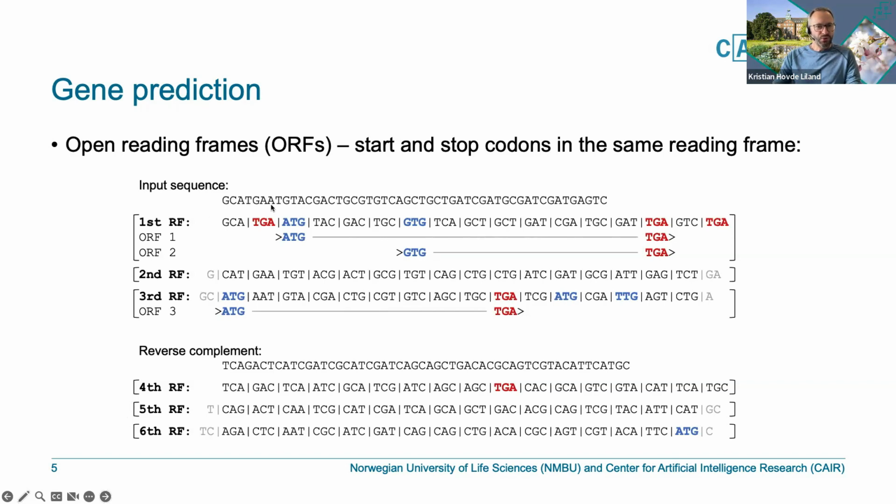Now I put in one specific sequence here, starting GCA, TGA, and so on. And I marked in red the ones that are the stop codons, and in blue we find the start codons here. So if you look in the first reading frame, the first codon is just some kind of amino acid. That's why it's black.